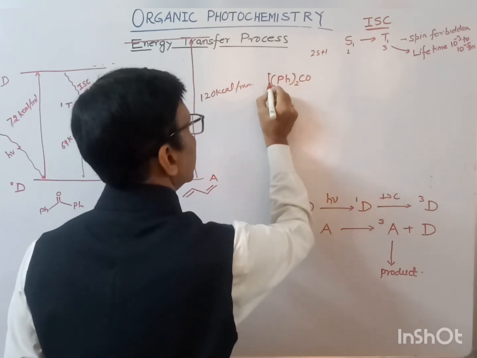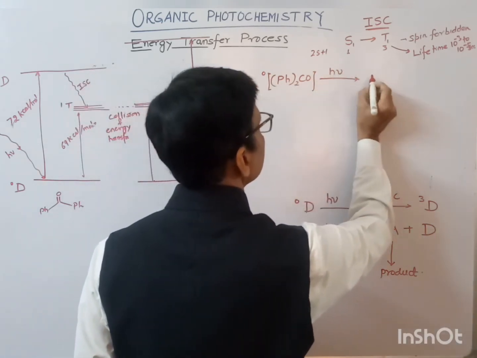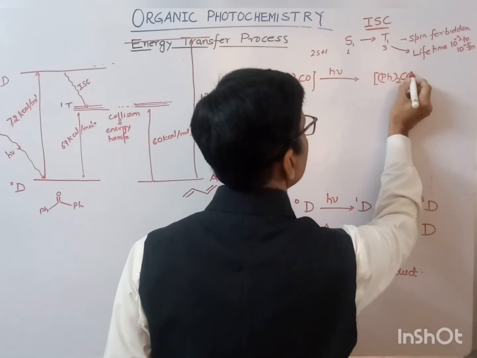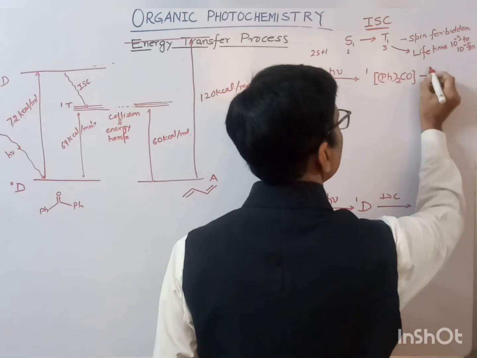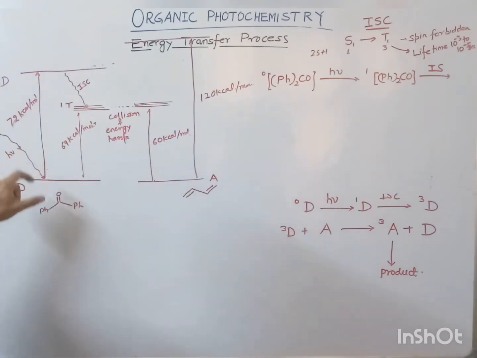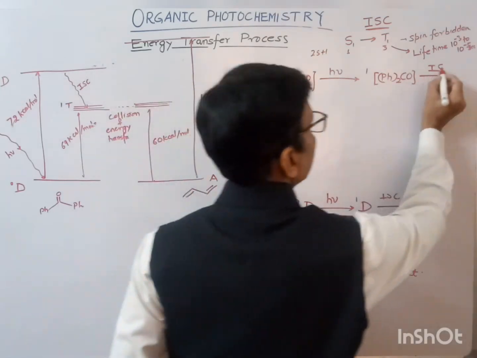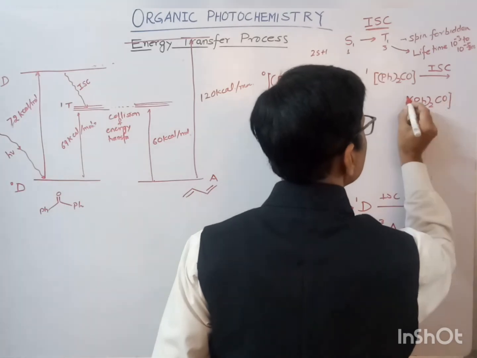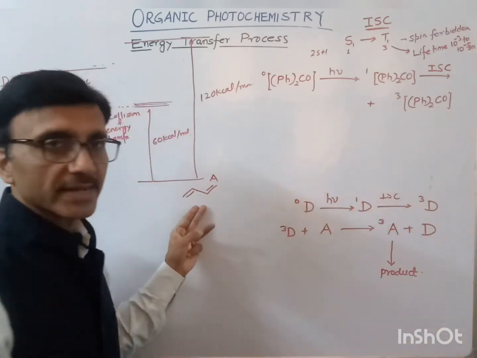Now we may also represent this reaction. Suppose we have benzophenone. This benzophenone in ground state, after getting light energy, will undergo excitation and go into the singlet state, then via intersystem crossing it comes to its triplet state, and from this triplet state it will interact with the acceptor molecule.